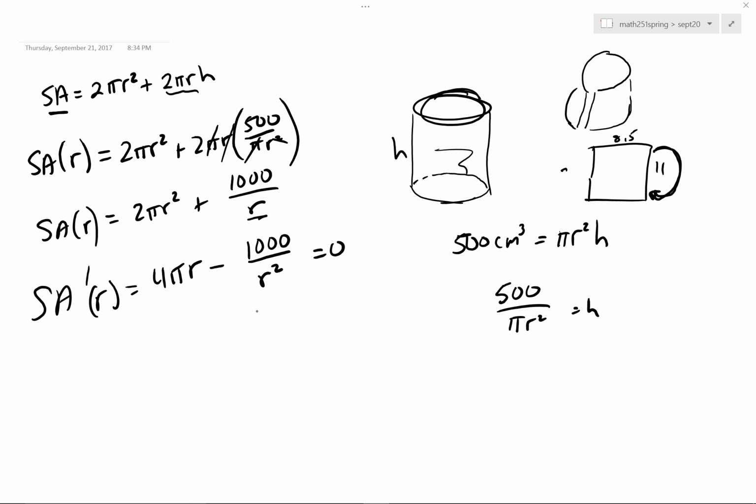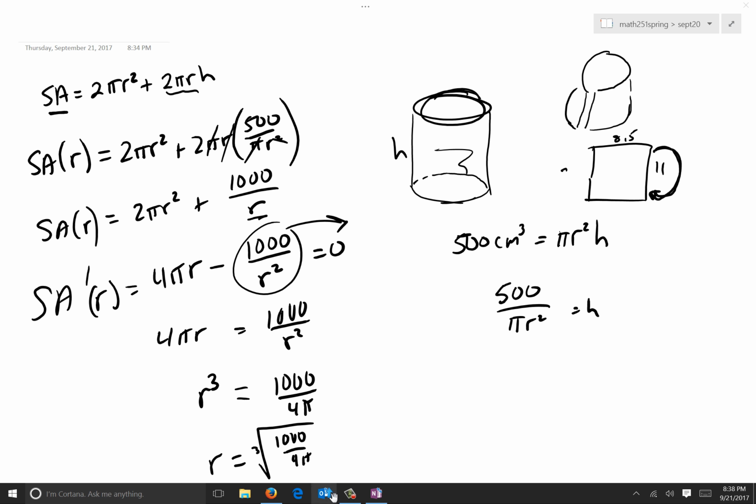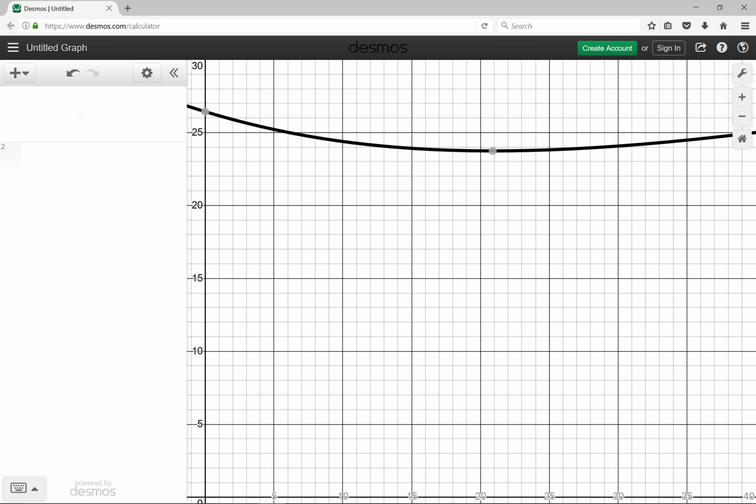Again, set it to 0. Add this to the other side. Multiply both sides by r squared. And divide both sides by 4 pi. And then, of course, cube root the thing. So on my calculator, now remember, a lot of calculators don't have a cube root function.